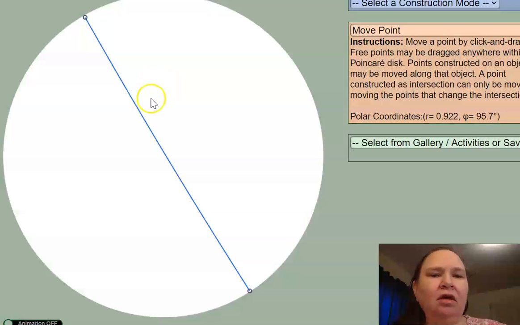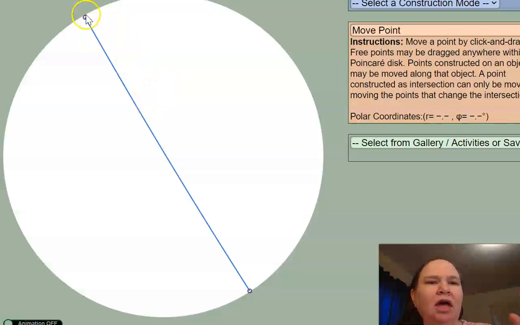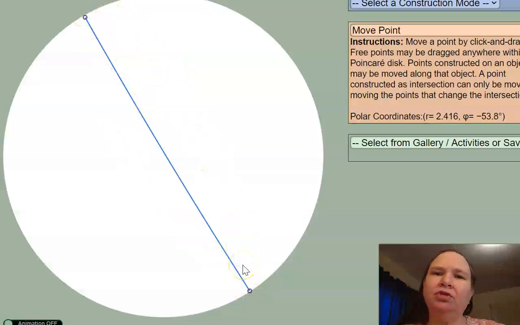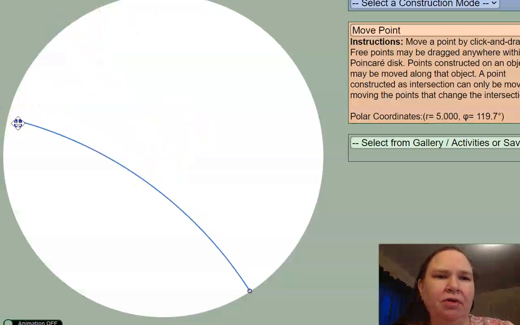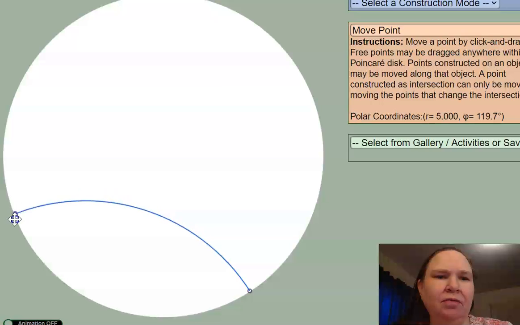And if you were able to get exactly diametrically opposite points, it would straighten out to be a straight line. So it's straight if it goes through the center of the Poincare disk. And as I go around here, then it starts to curve the other way.